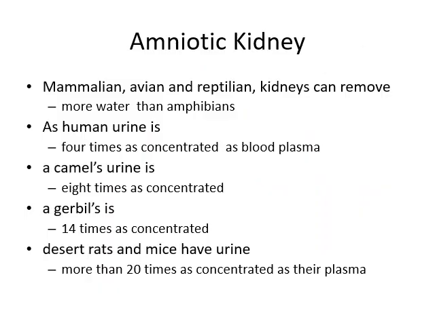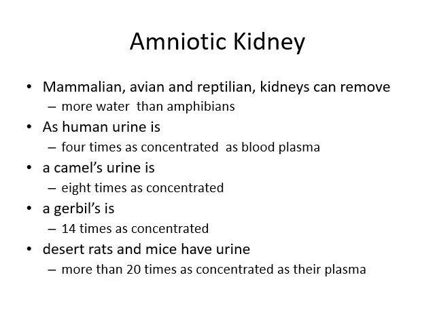Now the amniote kidney, mammalian, avian and reptilian, can remove more water as compared to amphibians, because they have to live in the terrestrial environment, so they have to conserve water.